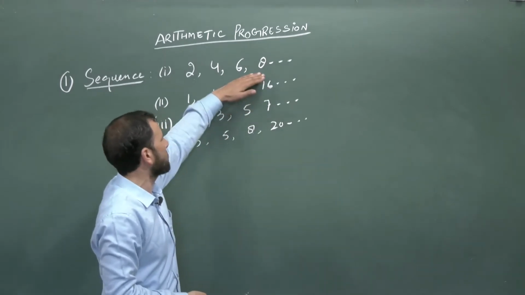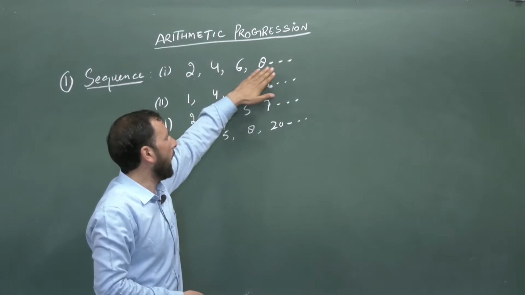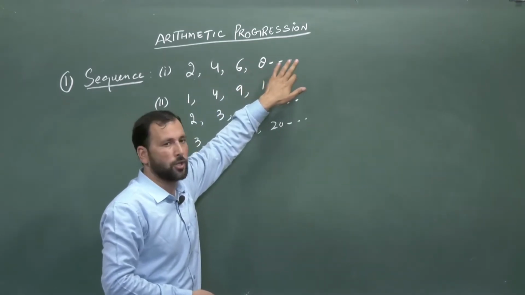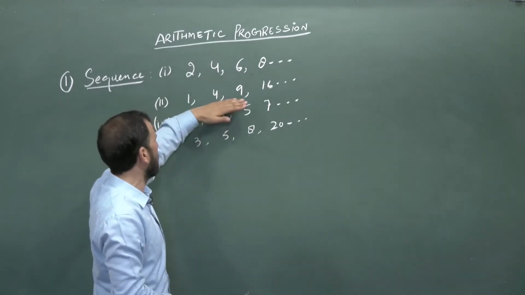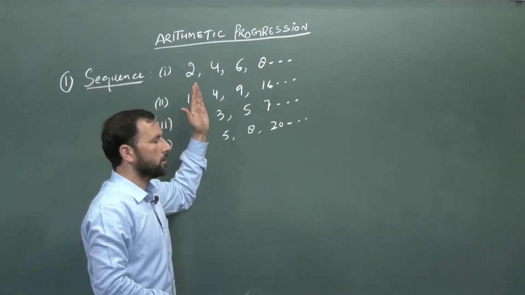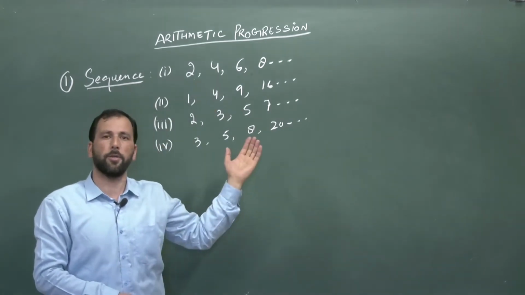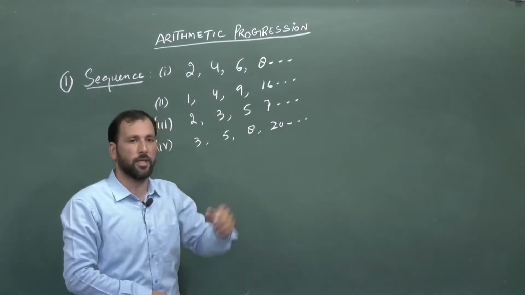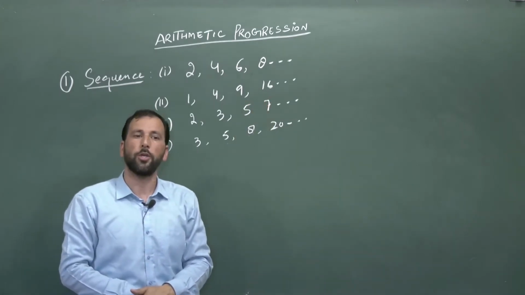Here in the first one, we have the terms 4, 6, 8 and so on, and we can write the next term, which will be equal to 10. In the second one, the first term is 1, the second term is 4, the third term is 9 and the fourth term is 16, and we can predict the fifth term, which is equal to 25.